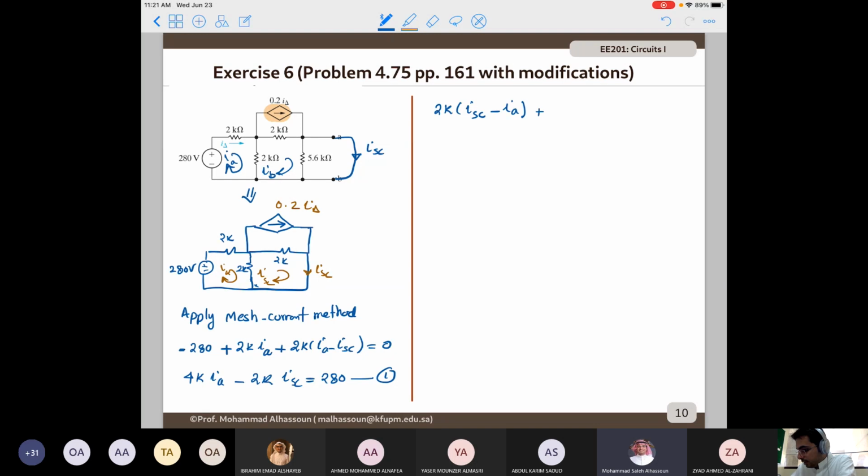Minus 2K I short circuit minus IA. Then 2K I short circuit, minus 0.2 I delta, and I delta is IA, equals 0.